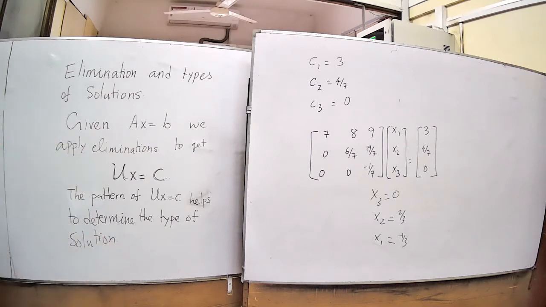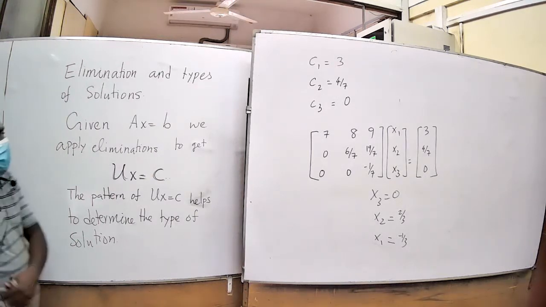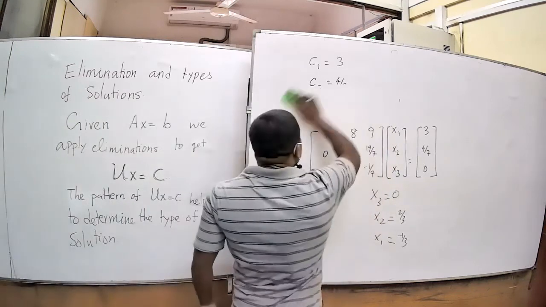Right? So this pattern of Ux is equal to C will help you to determine the type of solution, right?